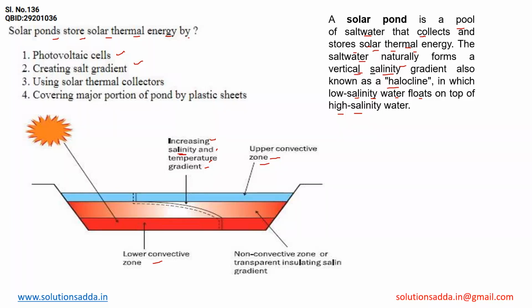So we are talking about the salinity, the salt concentration gradient. As you can see from the options, we can clearly see a term called creating salt gradient. And this is what we are all talking about, that the salt gradient is very important to store solar thermal energy using the solar pond. So the correct option for this particular question will be option number 2.